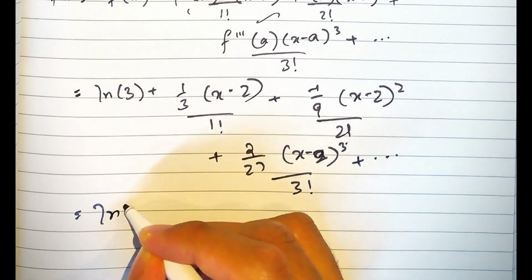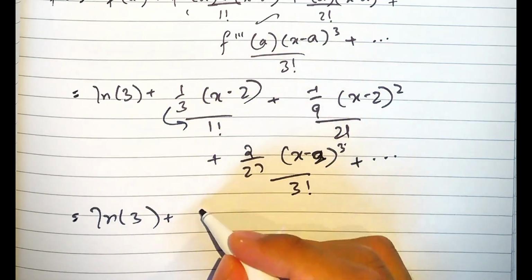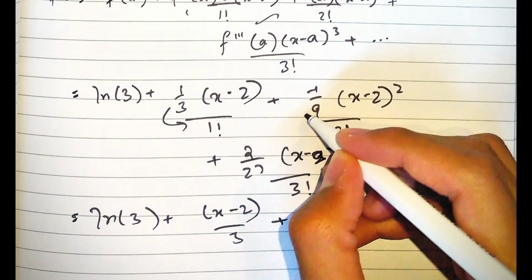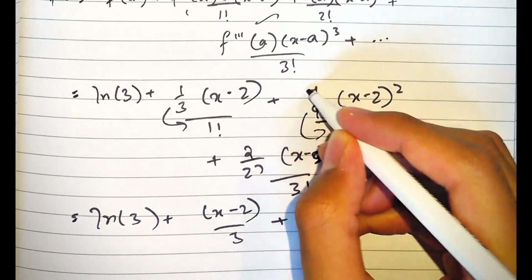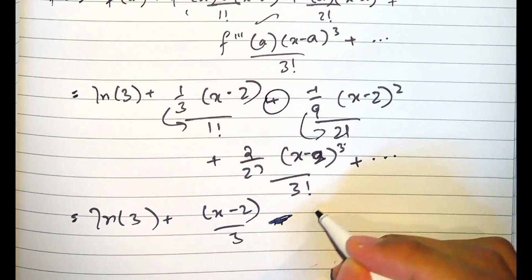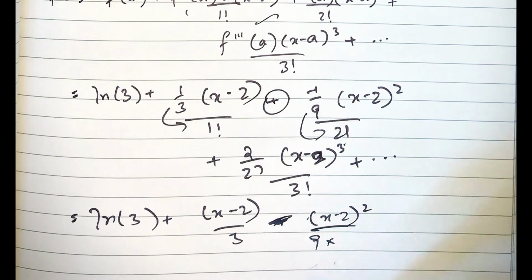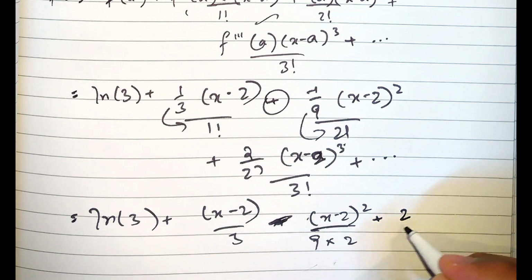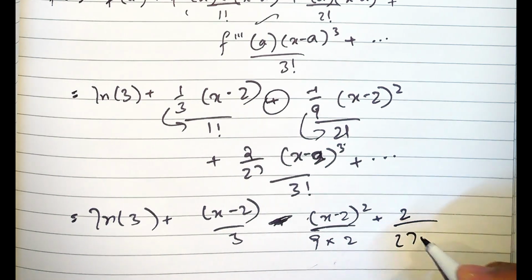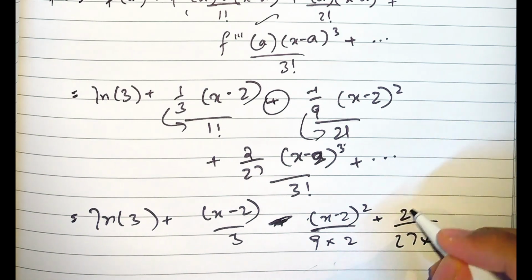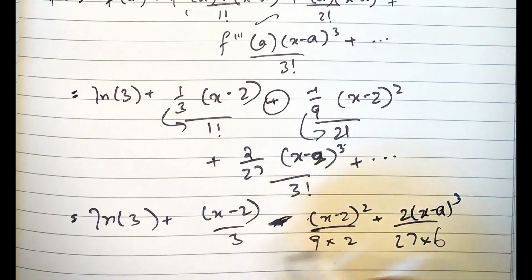So log of 3 plus, let's move the 3 towards the denominator, so we have (x minus 2) divided by 3, plus, now let's move this 9 towards the denominator, and the negative sign multiplied by the positive sign gives us negative, so we have (x minus 2) squared divided by 9 multiplied by 2 factorial, which is 2. 27 can be moved towards the denominator, so 2 divided by 27 multiplied by 3 factorial, which is 3 multiplied by 2 multiplied by 1, equal to 6, and we have (x minus 2) whole cube.